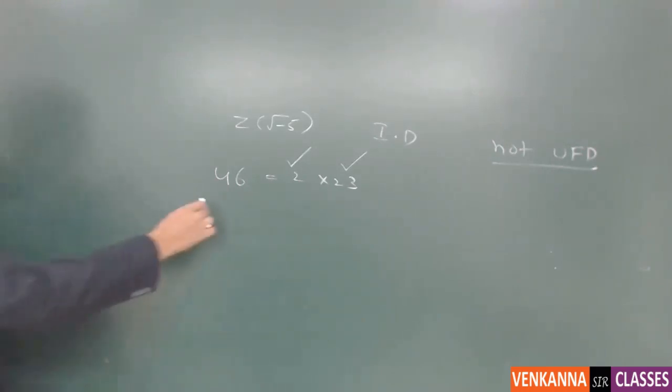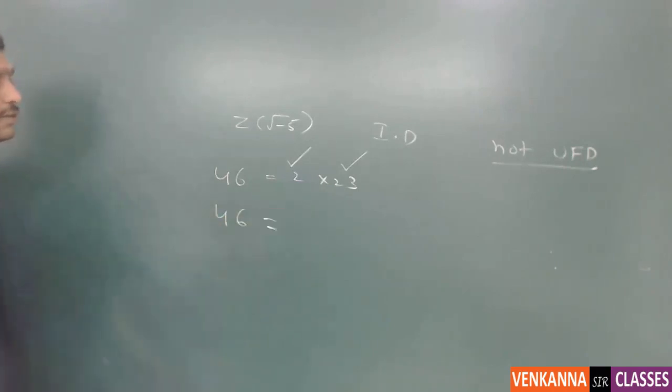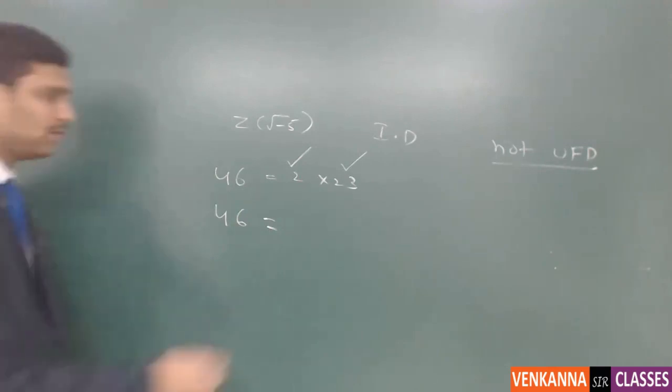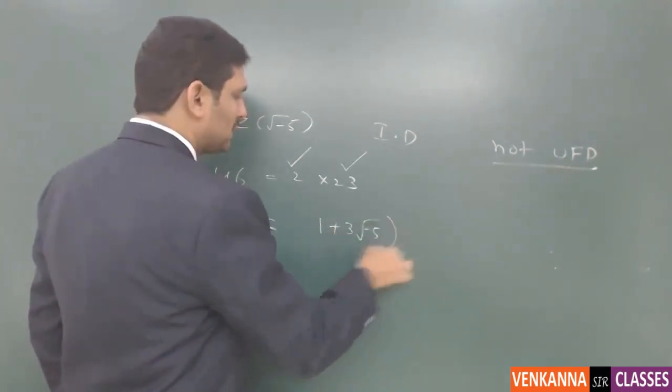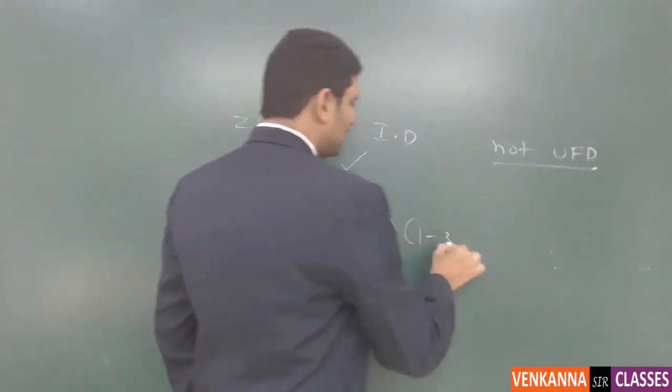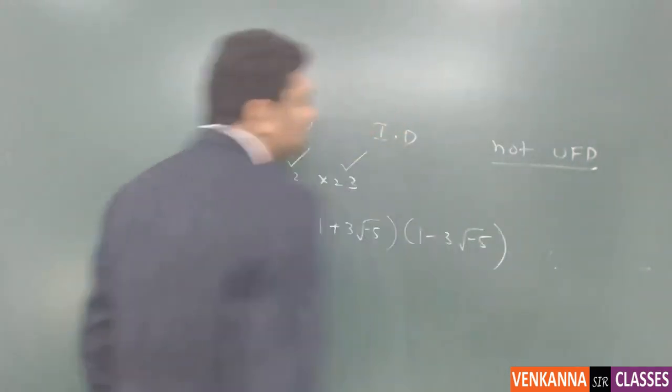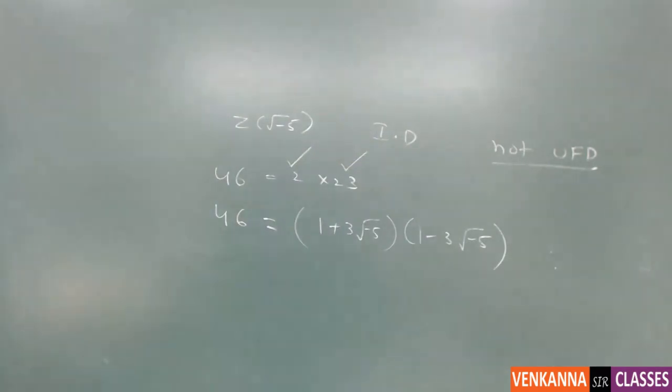So, for the same value 46, I can write one more configuration that I am able to mention as 1 plus 3 root minus 5 into 1 minus 3 root minus 5. If you multiply these two, you will get the same value 46. Do you agree?